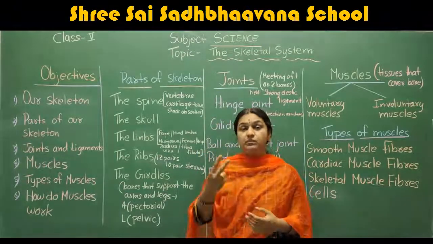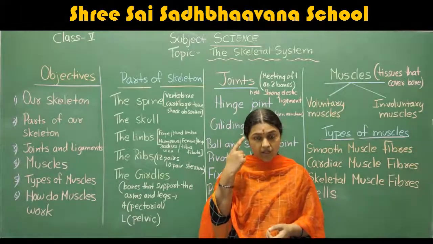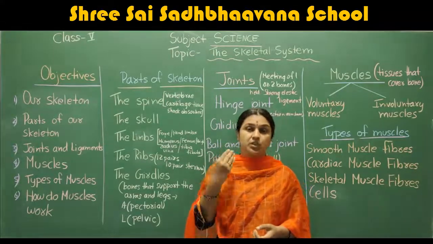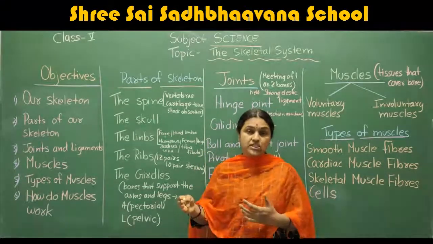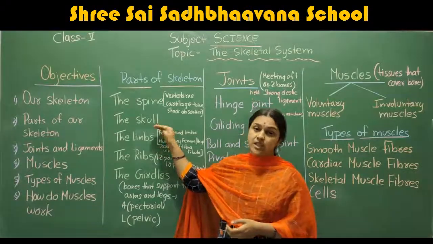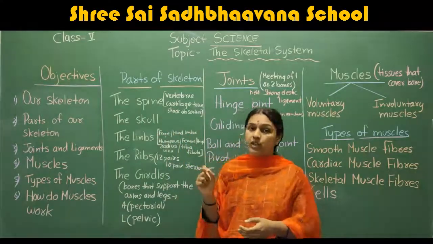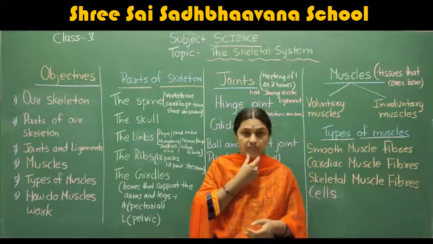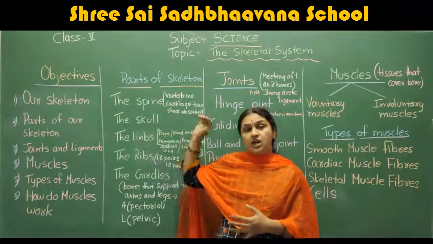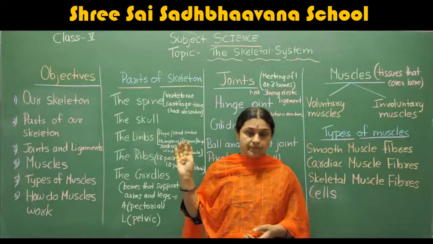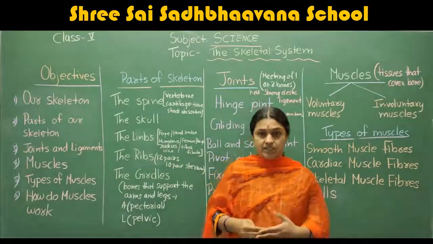Also, it protects the organs used to smell, see, taste and hear. These are the sense organs, found in the skull, and the skull protects them. Right, children? And in the skull, we have only one bone that is movable. The other bones are not movable and they form fixed joints here. Okay, children? That we will understand in a later section of the class.